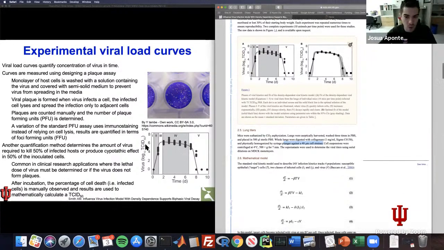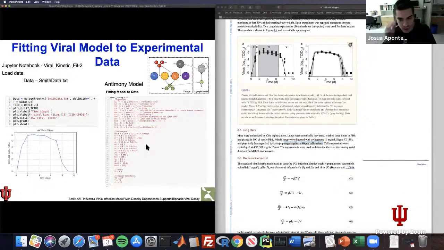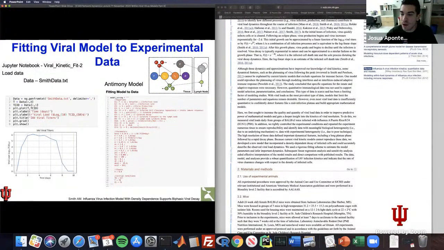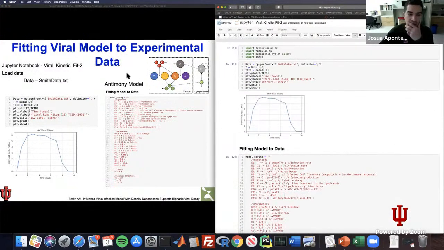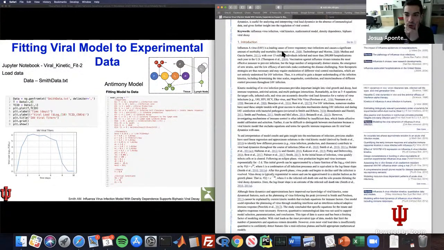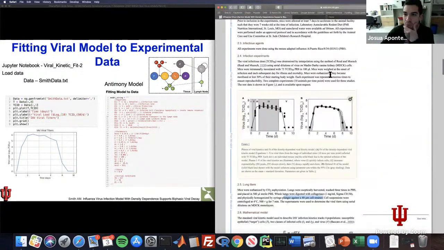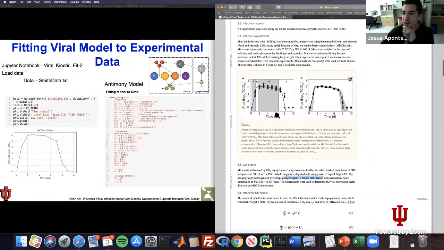Okay, so going back now to the model. Although I'm pretty sure we could have contacted Amber to get all the original data, what I did was digitize this, which gives you the average for each of the samples at each particular time.